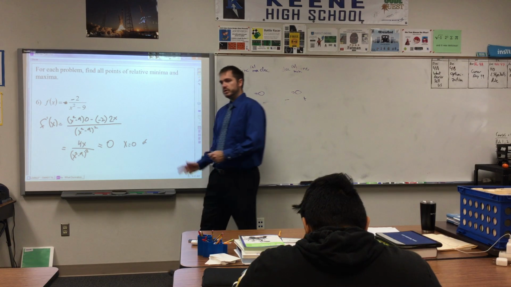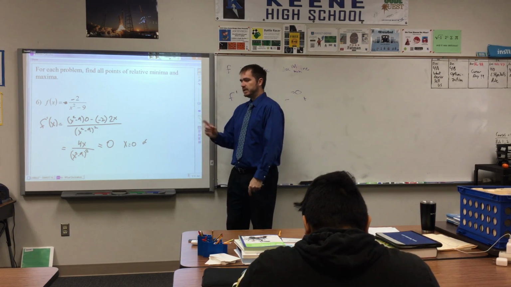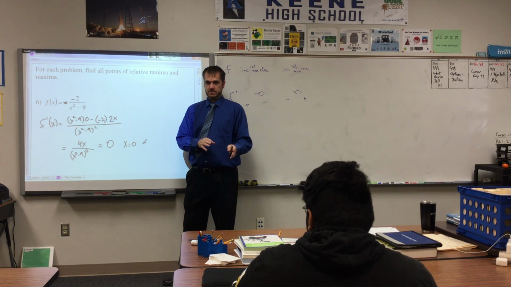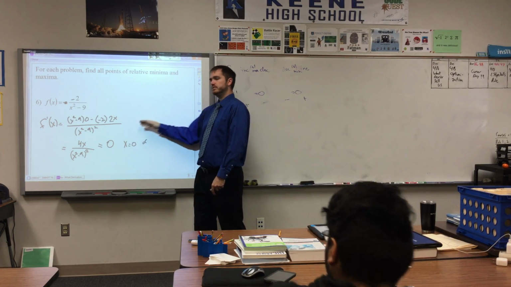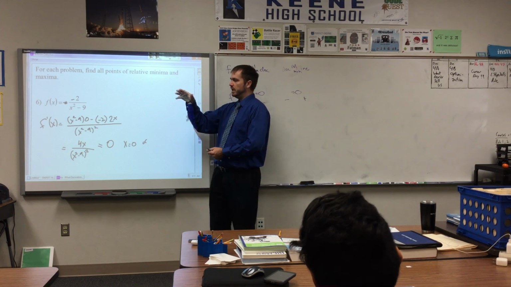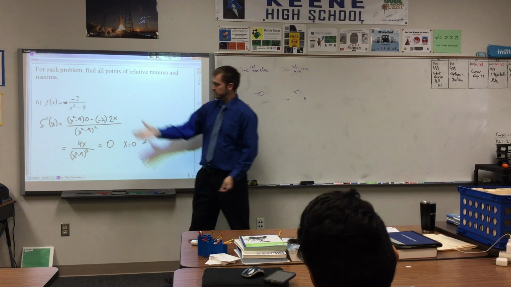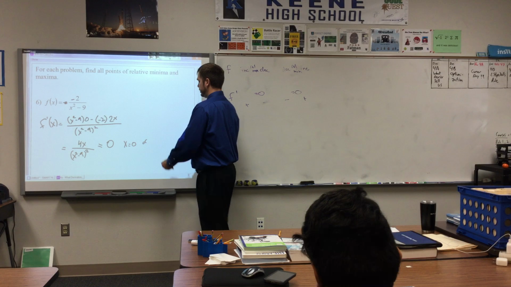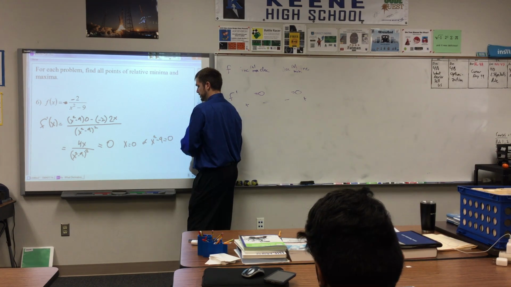But if you remember, our critical points are the points where that increasing, decreasing can change. It can also occur when the derivative does not exist. So when I'm finding my critical points here, it's when the derivative equals 0 and when the derivative doesn't exist. Now, those previous two problems, the quadratic and the trinomial problems, we didn't have any place where the derivative didn't exist. But on rational functions, we do have a situation: the denominator equals 0. That's going to occur when x squared minus 9 equals 0.